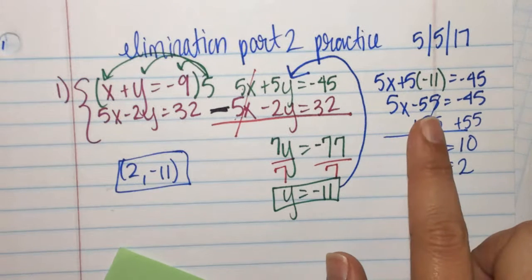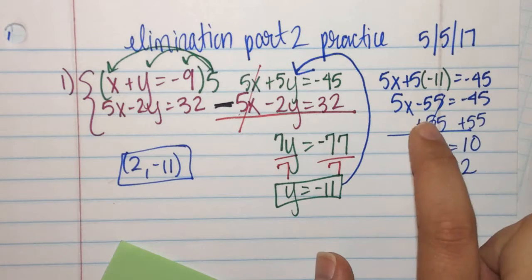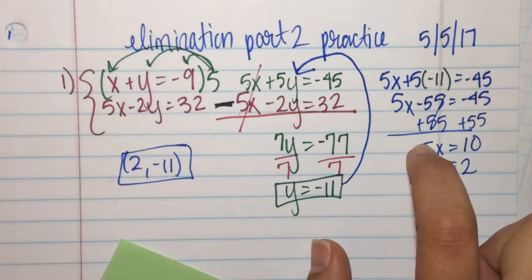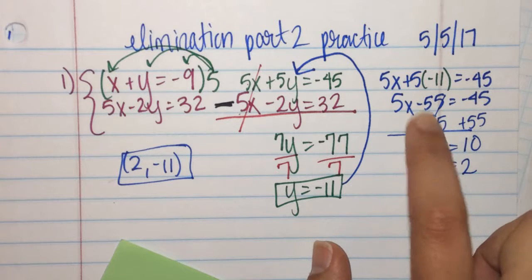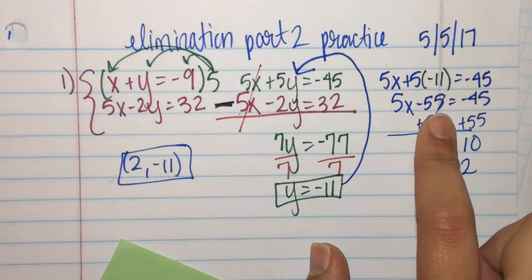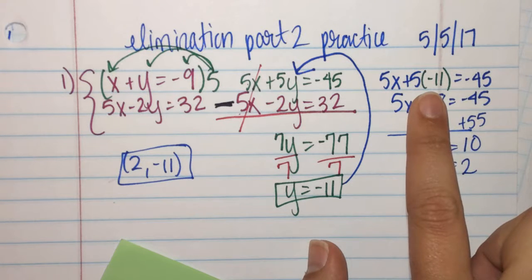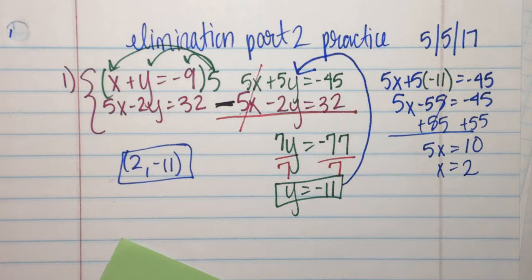This is 5x minus 55 equals negative 45, and then I added 55, so those cross out. Because 5 times negative 11 is negative 55. We multiply right here. You see what I did?